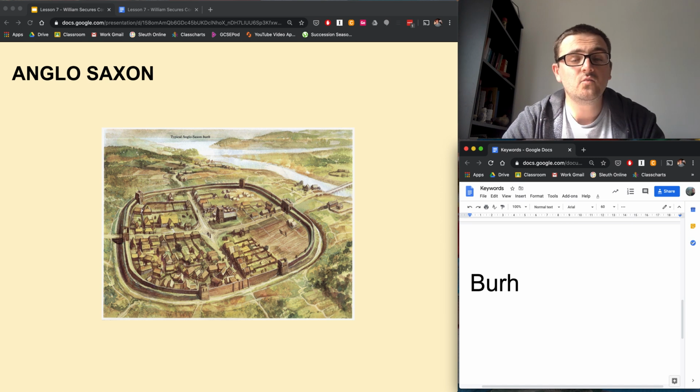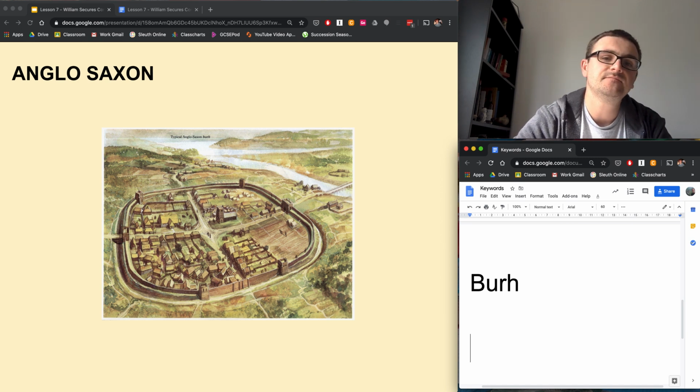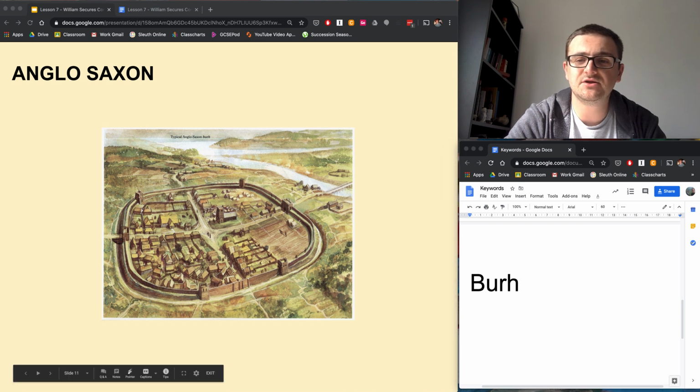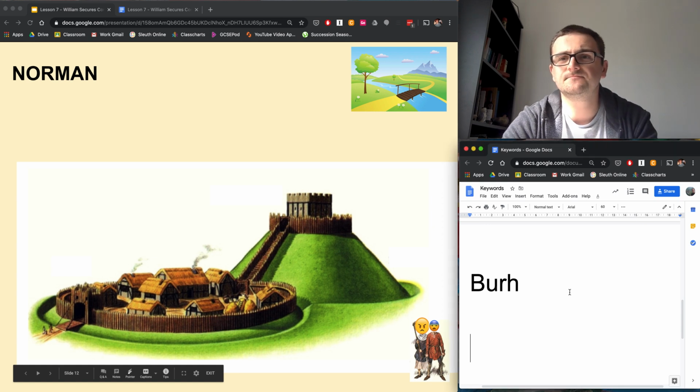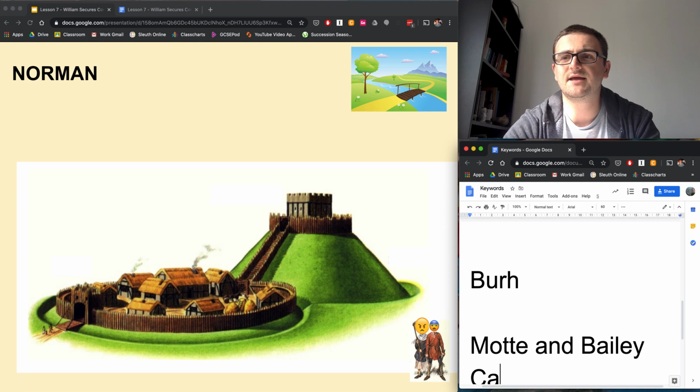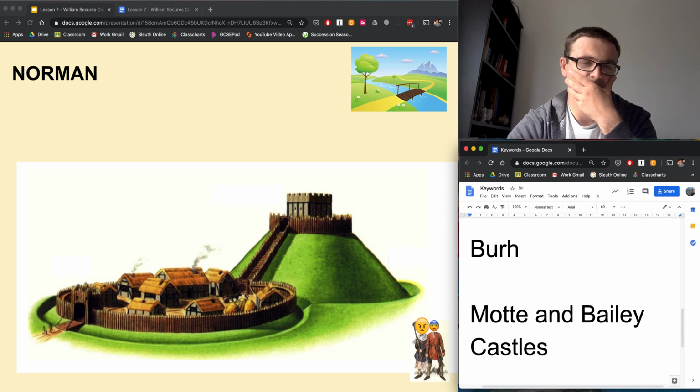Now, when William takes over England, he starts to introduce something which he'd used in Normandy before. He starts to build Motte and Bailey castles. And it's these Motte and Bailey castles that helped him to control England.